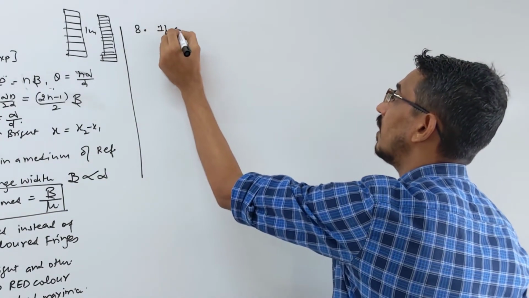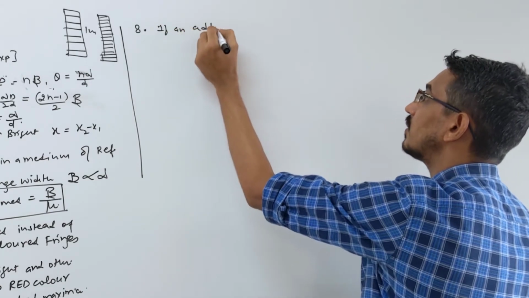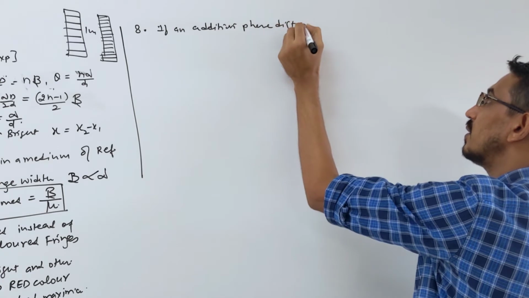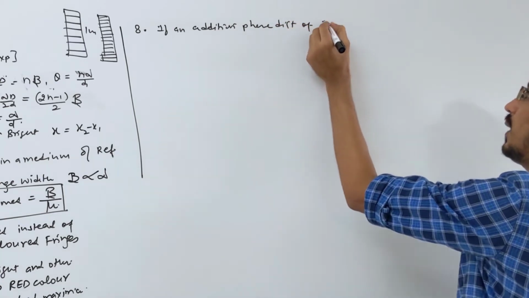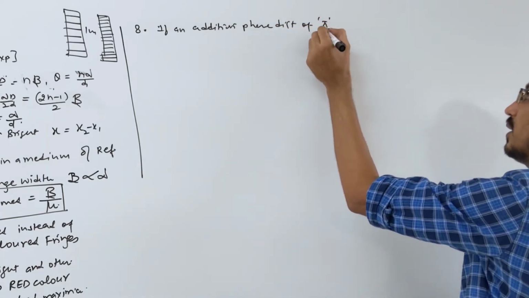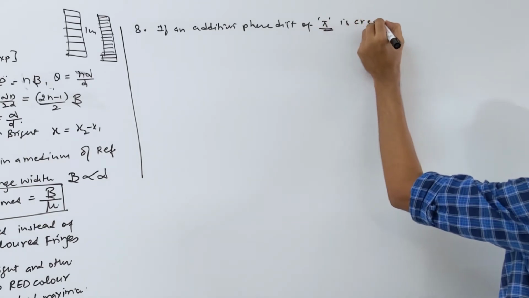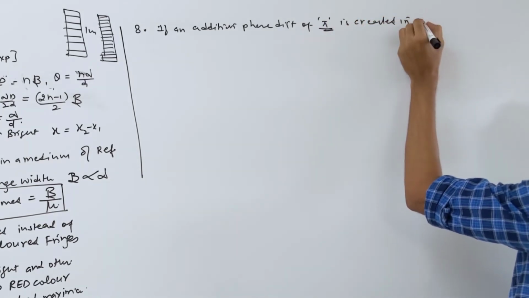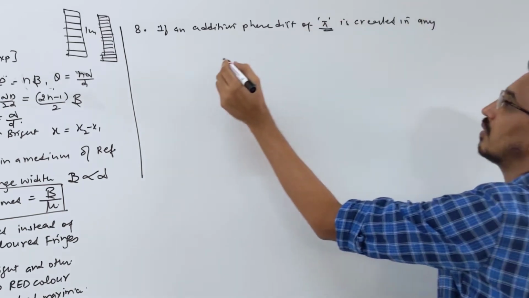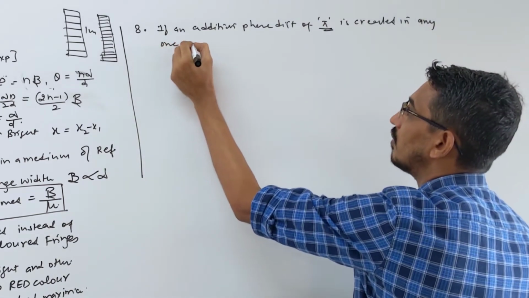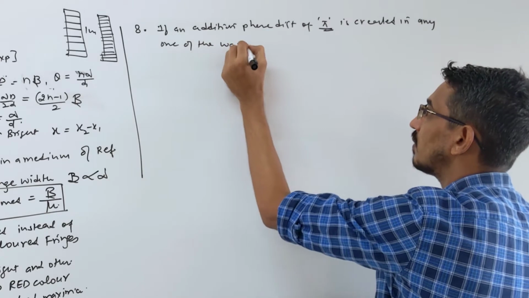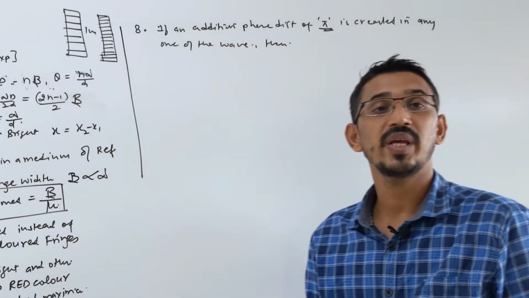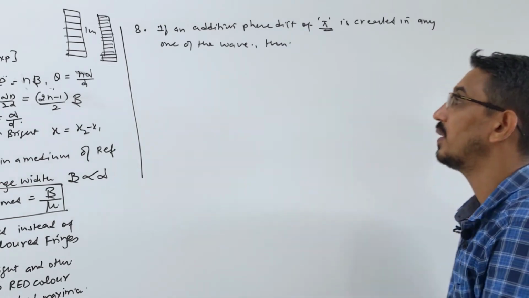If an additional phase difference of pi is created in any one of the waves, then your central bright will become a dark fringe.